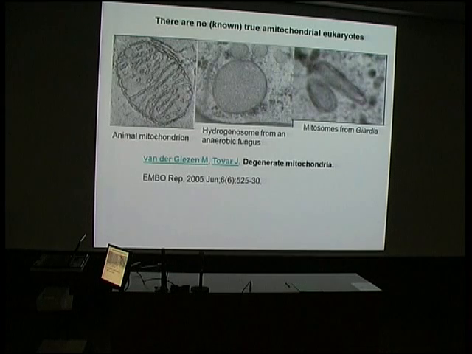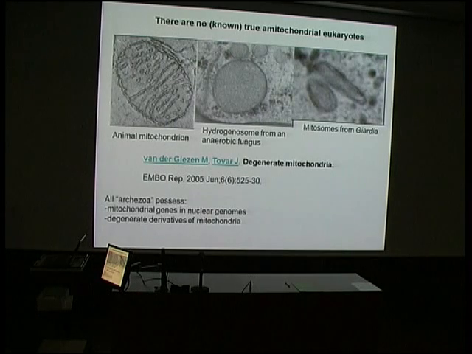More than that, it turned out that there are no true amitochondrial eukaryotes, because all these so-called archezoa actually possess mitochondrial genes in nuclear genomes, and in addition to that, they have degenerate derivatives of the mitochondria, such as the hydrogenosomes or the mitosomes. These organelles are really not quite very typical mitochondria.